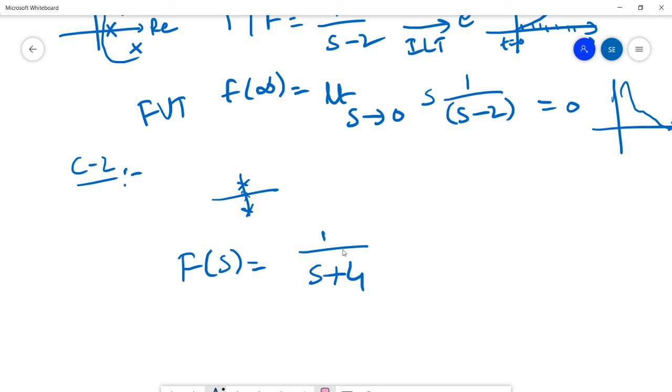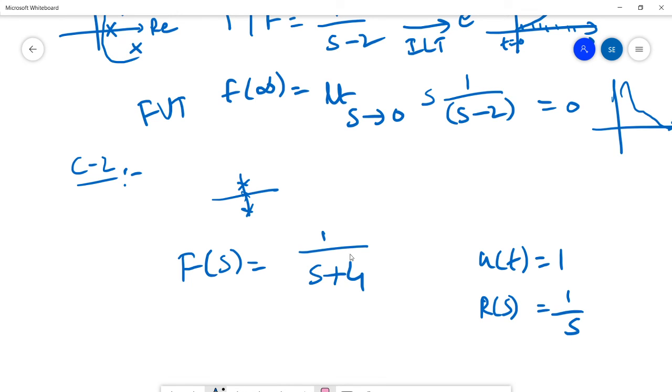What happens if you apply an impulse input to this? The input will give you R of s equal to 1 by s.